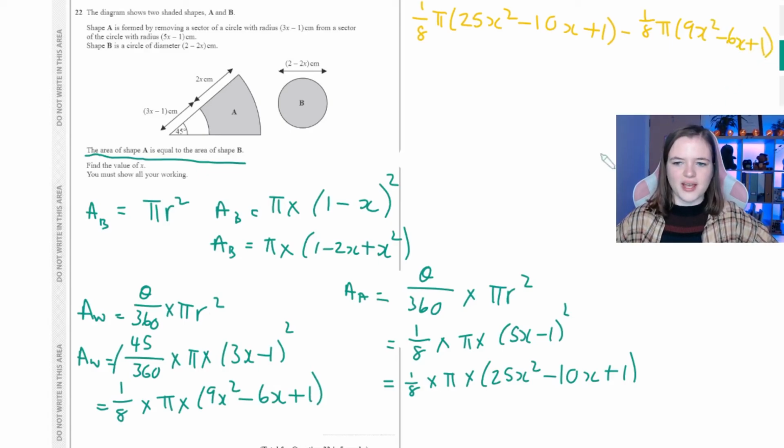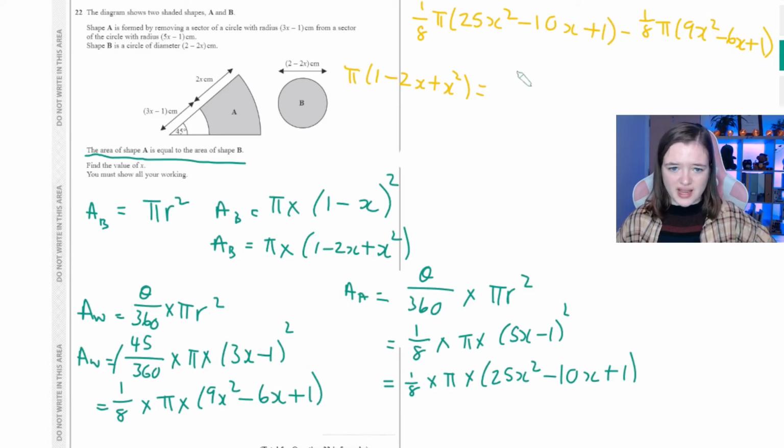Okay, and that is then equal to this. So that is then equal, I'm going to definitely run out of space here. This is awful, isn't it? That's going to then equal all of this here. So we've got pi lots of 1 minus 2x plus x squared being equal to all of this here.